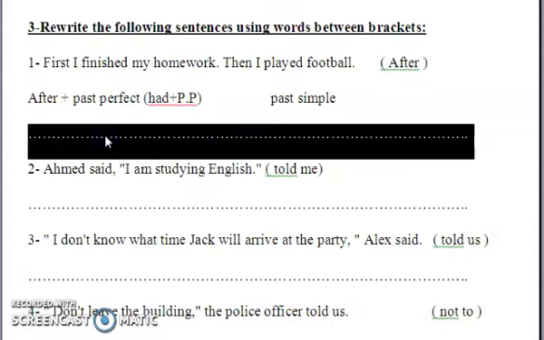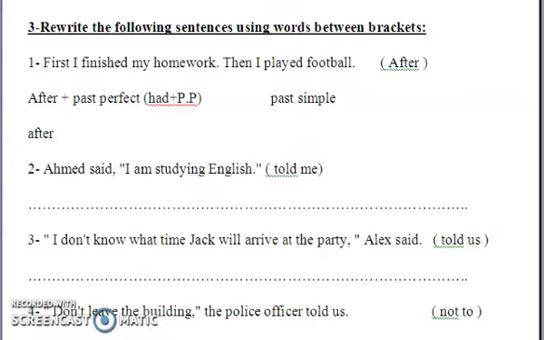So, I will say after I had finished my homework, I played football.